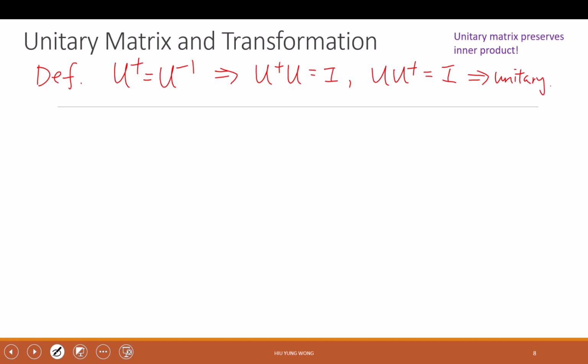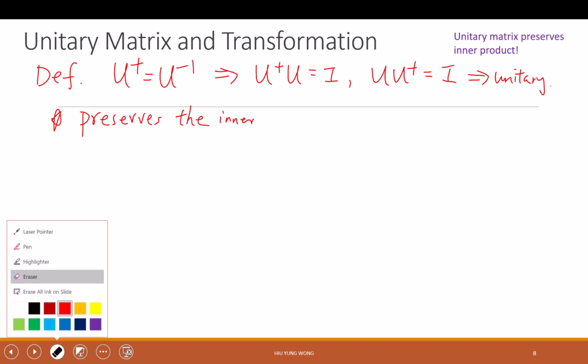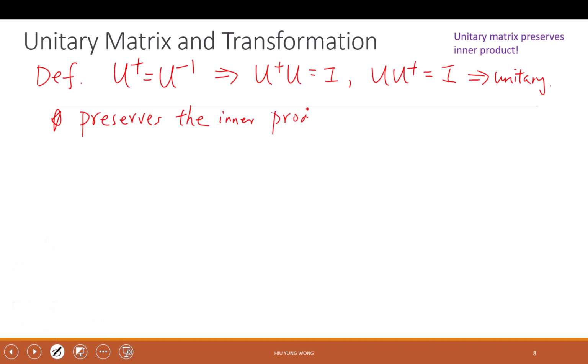Why is unitary so important? Because if you apply a unitary matrix to a space, to some vector, it will preserve the inner product of two vectors.